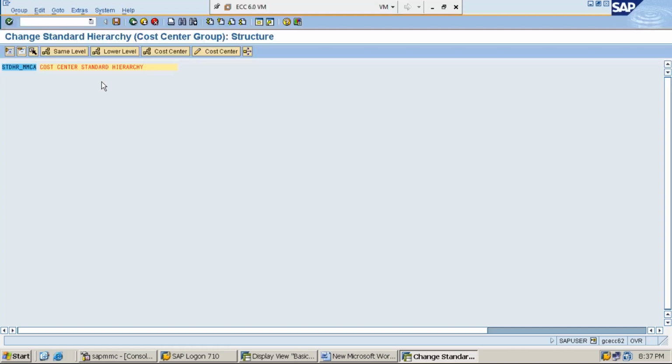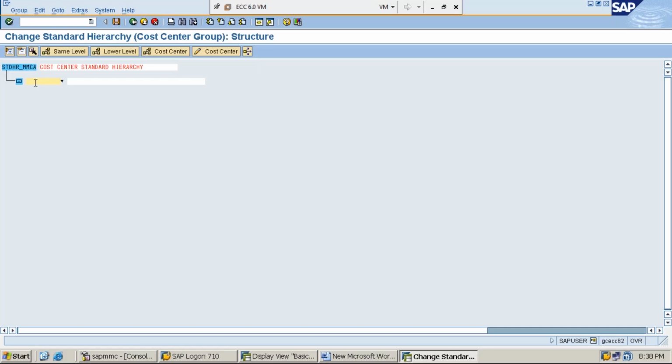Right. Next. Keep the cursor on the description. Write down as it is whatever I am telling. Keep the cursor on cost center standard hierarchy. Okay. Click on lower level tab. Visible? Yeah. So click on this lower level tab.